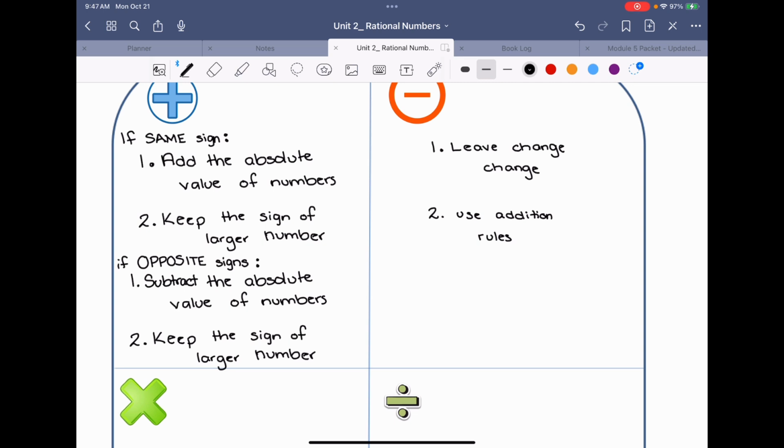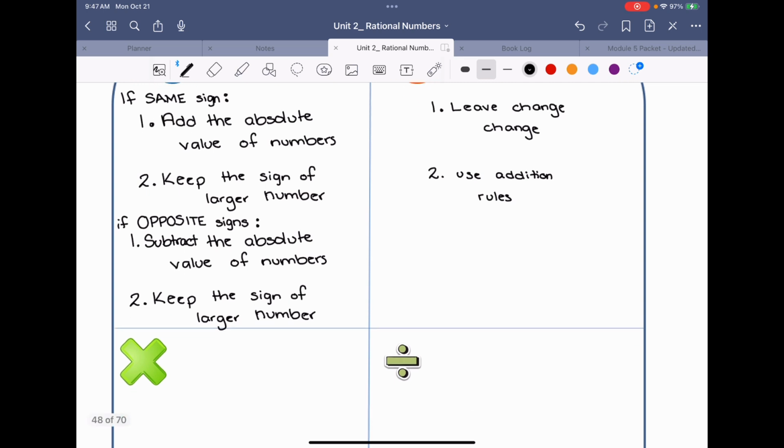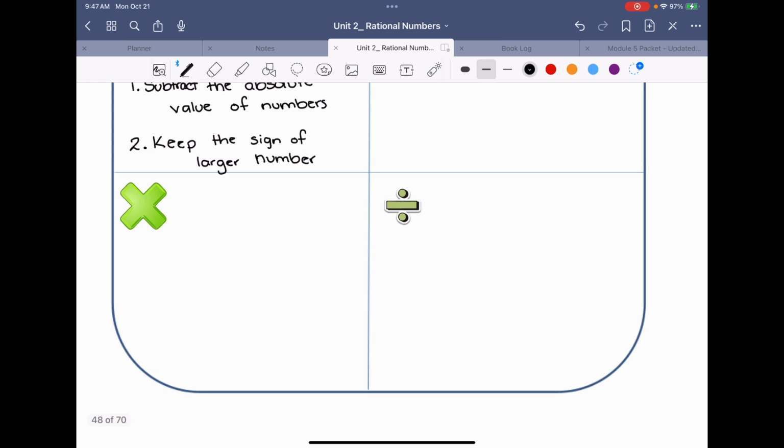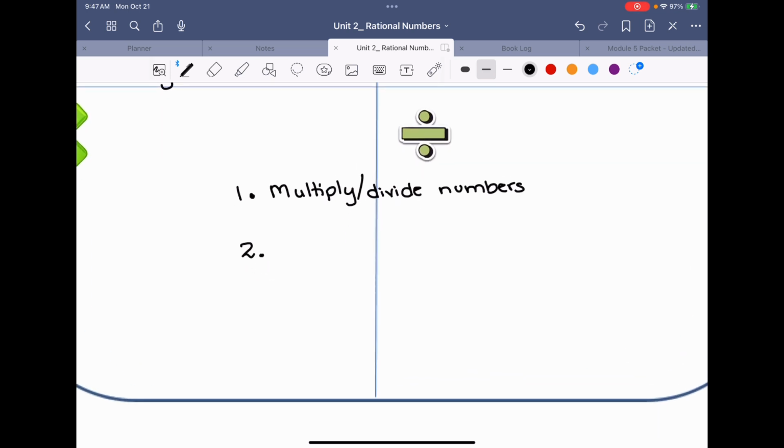Now, multiplication and division are going to have the same exact rules and steps. So the first thing you're going to do is multiply or divide the numbers. Once you've multiplied or divided, if they are the same signs, you should have a positive answer.